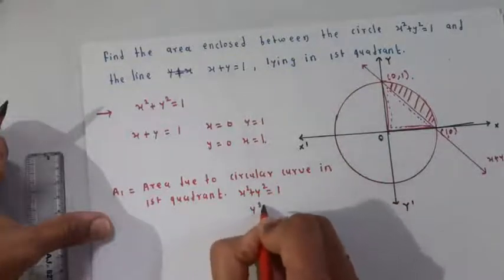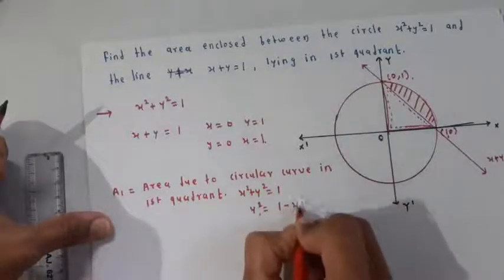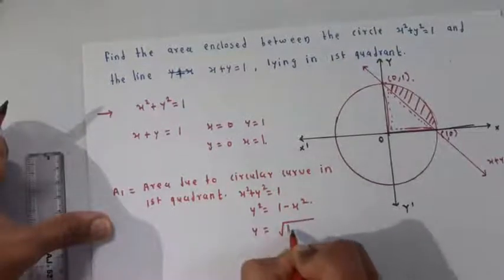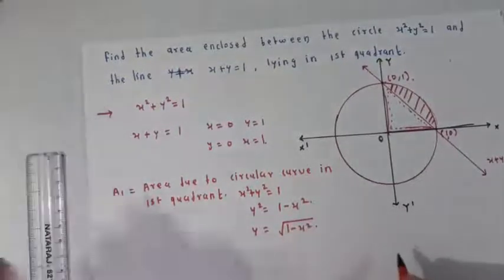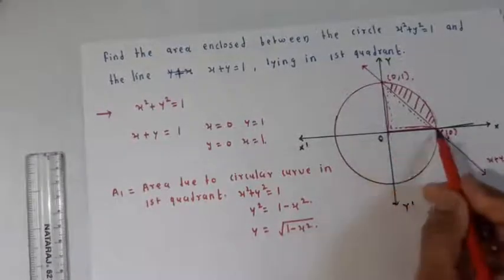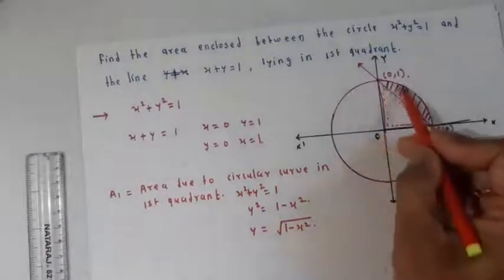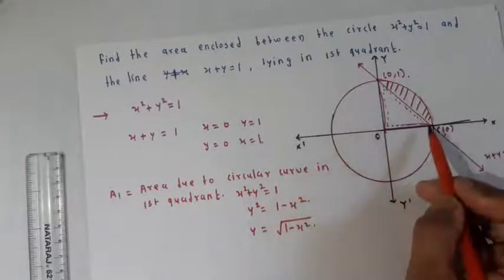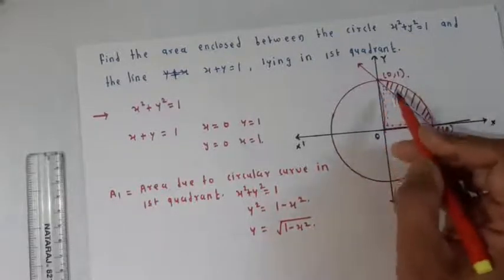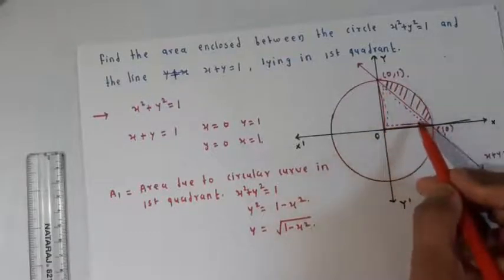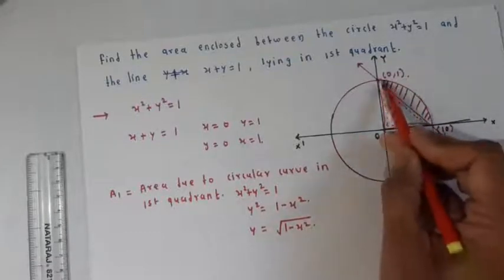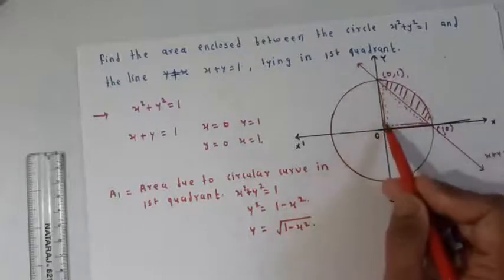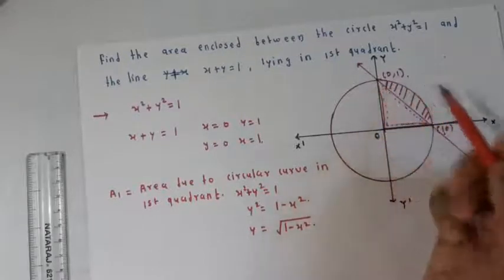This implies y square equal to 1 minus x square. This implies y equal to square root of 1 minus x square, and limit of integration 0 to 1. So hence we will get the area A1, that means area of sector. This quadrant, we will get area of this quadrant.